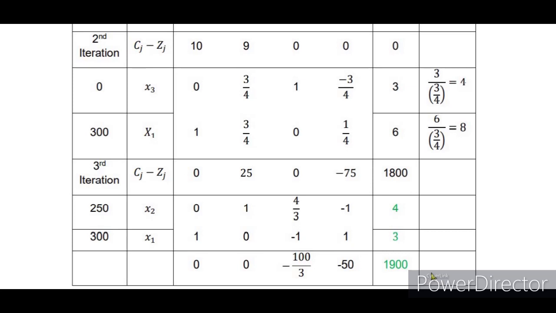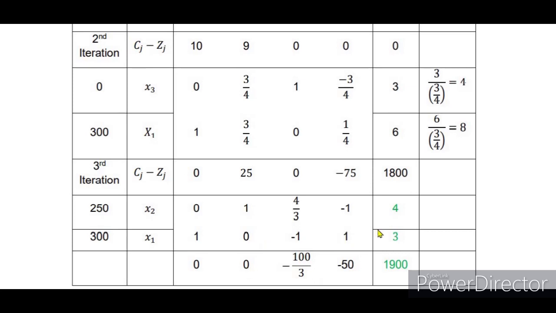Right? Now, since all the values in c sub j minus z sub j are 0 and negative values, the iteration ends here because it can no longer be increased. This is the optimal solution and value.